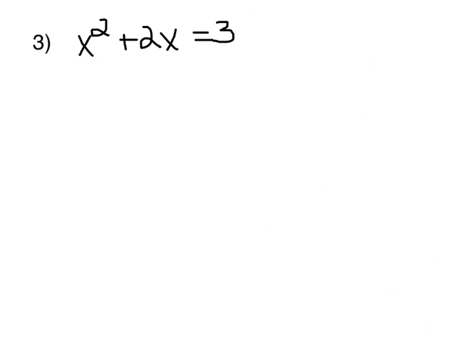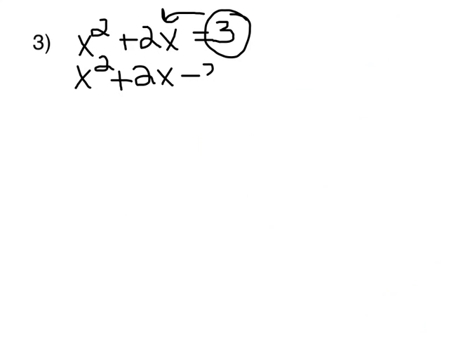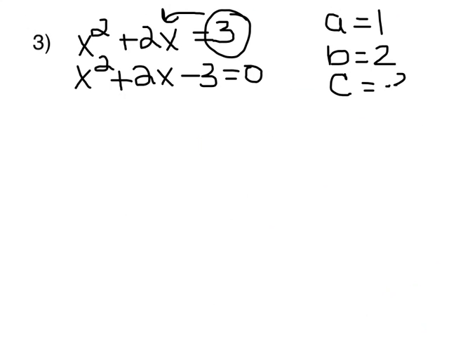In example 3, we're going to have to take this 3 and move it over to this side so that everything is solved for 0. Now, our A is equal to 1, our B is equal to 2, our C is equal to a negative 3. Now we can plug everything into our quadratic equation.